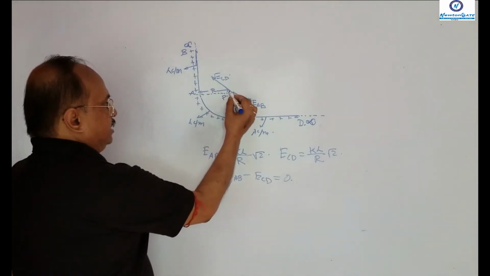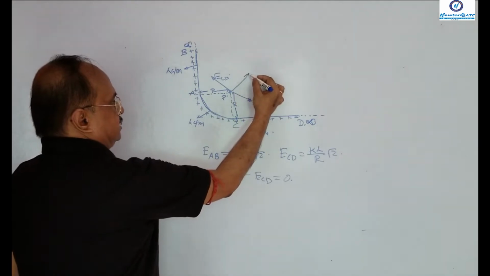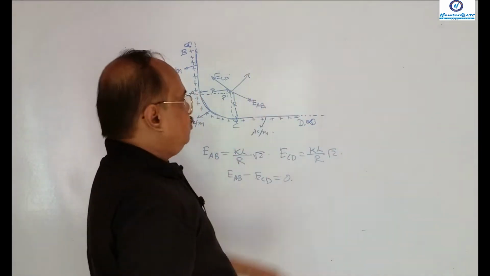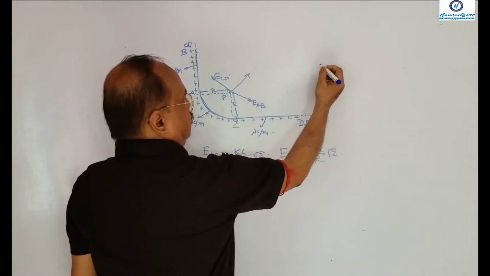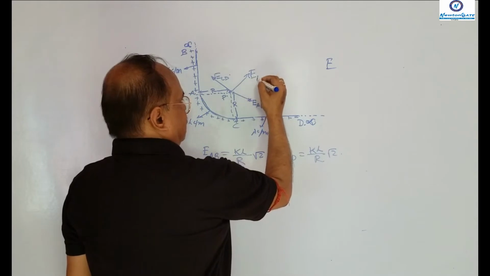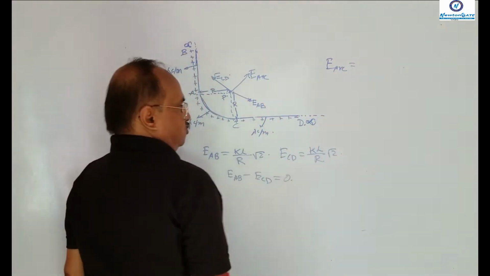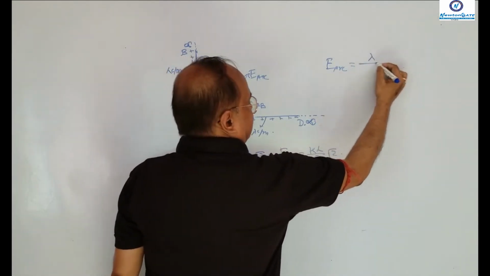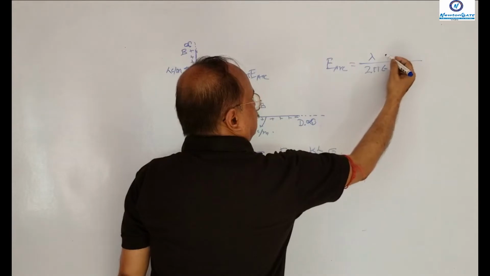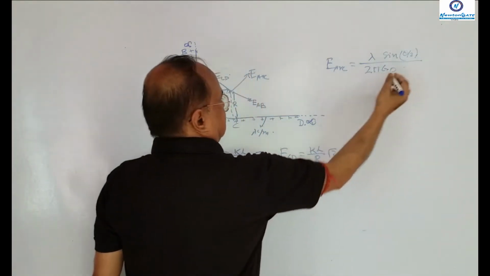So the only electric field will exist due to this quarter circle. Just now, in the previous sum, I gave you the formula for the electric field due to the arc, and that electric field due to this arc will be equal to lambda by 2 pi epsilon naught r into sine theta by 2, and this distance is your r.